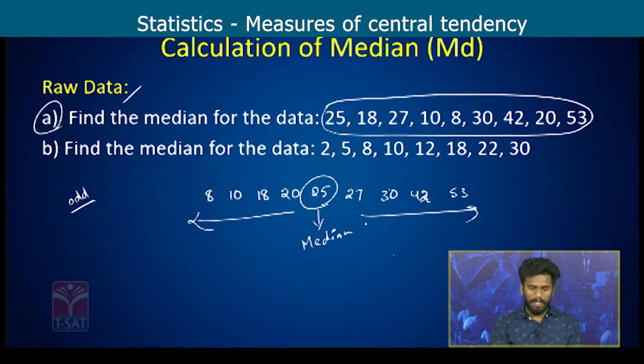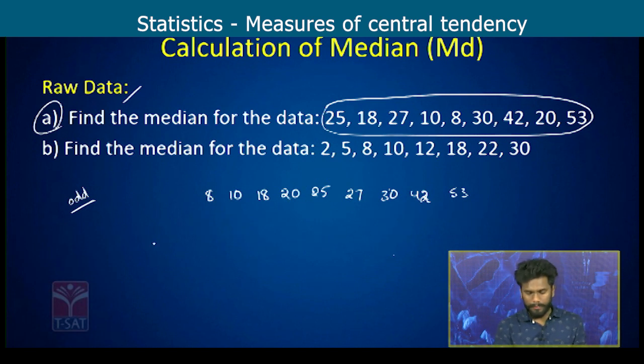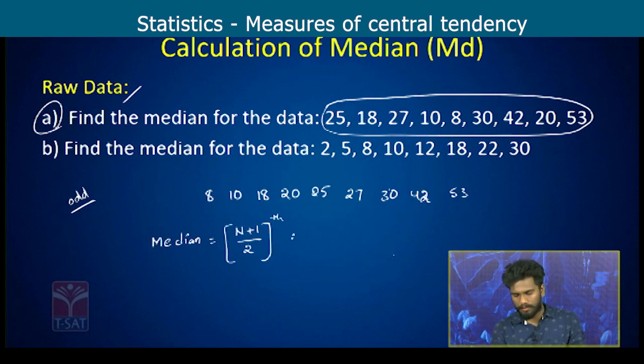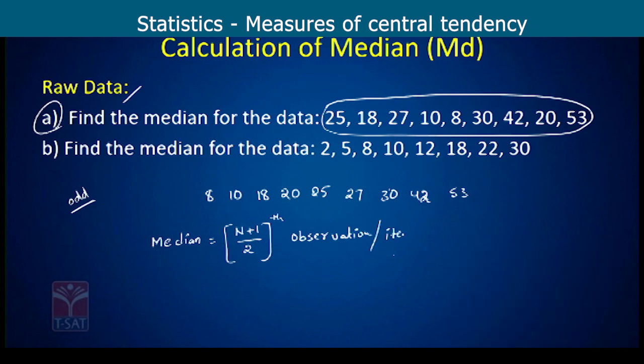So that is why we will go with the formula. Check here. Median is equal to, when there is an odd number of observations, the (n plus 1) by 2-th observation, or the (n plus 1) by 2-th item in the data. What is n here?